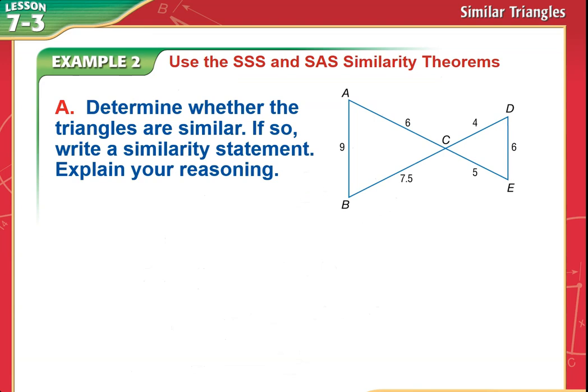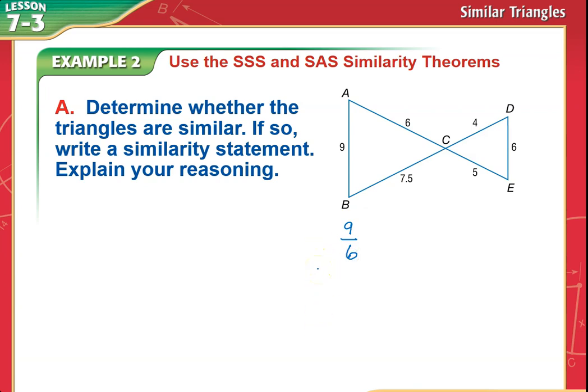Okay, we're going to use the side-side-side and side-angle-side similarity theorems. We're going to determine whether the triangles are similar. If so, we're going to write a similarity statement and explain our reasoning. We can probably easily see that AB, we're going to divide that by DE, or vice versa. So we have 9 divided by 6, my AB divided by DE.